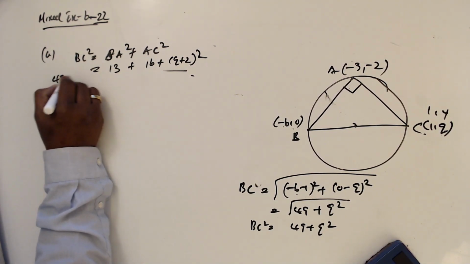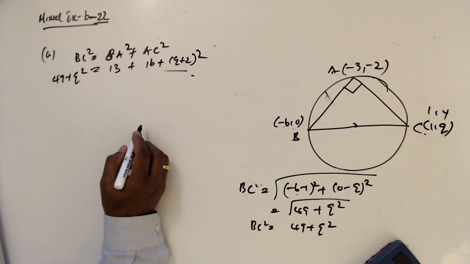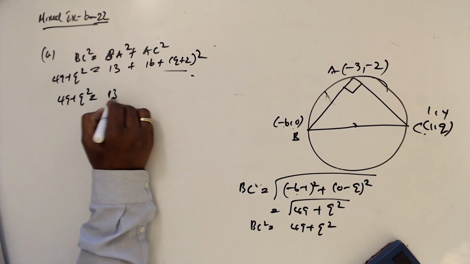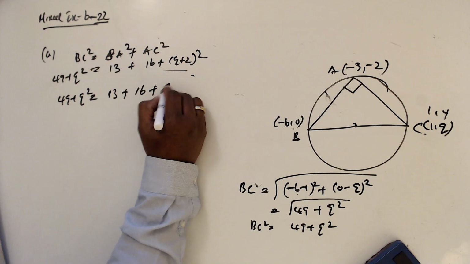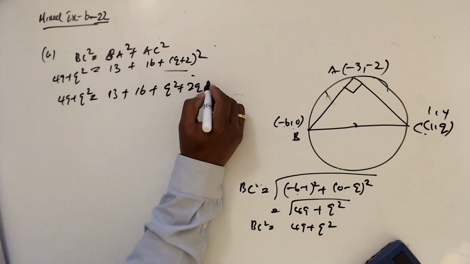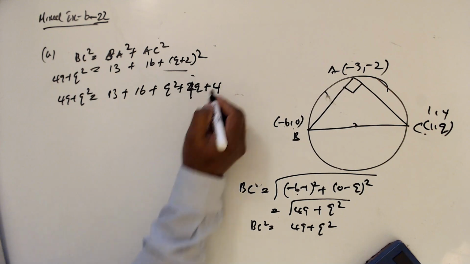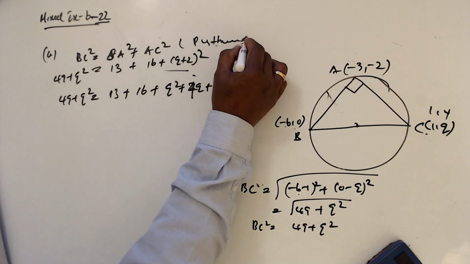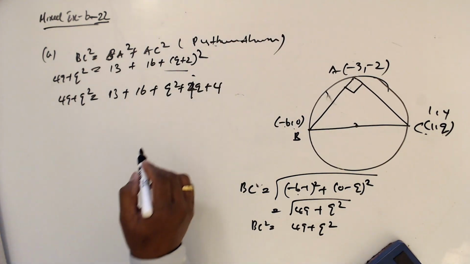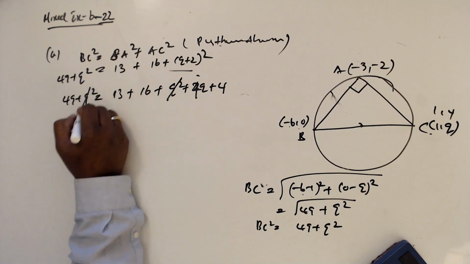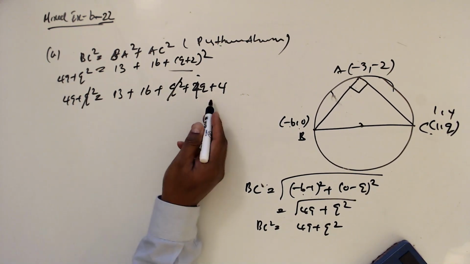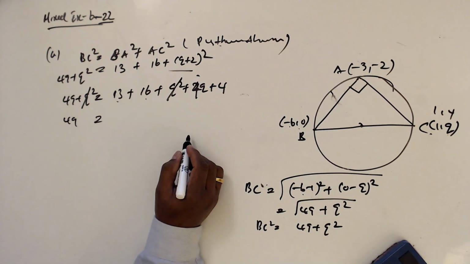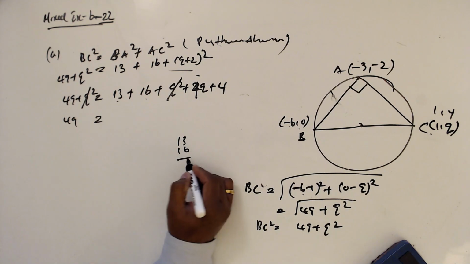Now I have to simplify: 49 plus q squared equals 13 plus 16 plus q squared plus 4q plus 4. This is the Pythagoras theorem. The q squared terms cancel out, and we have 49 on one side and 13 plus 16 plus 4q plus 4 on the other.